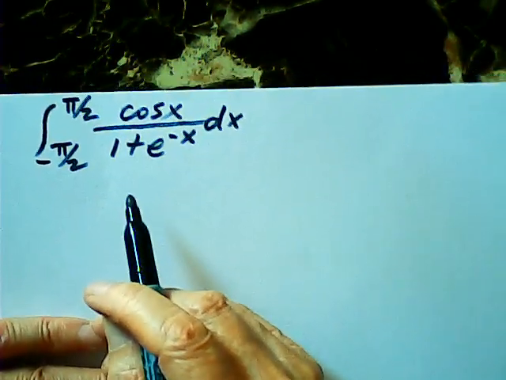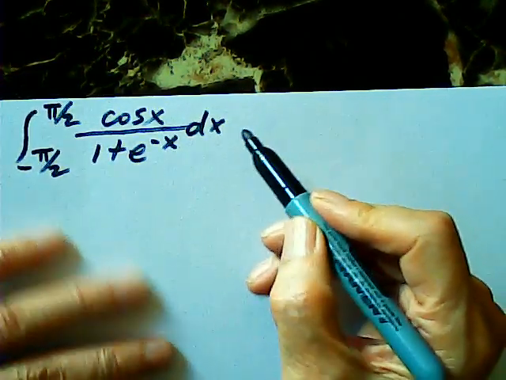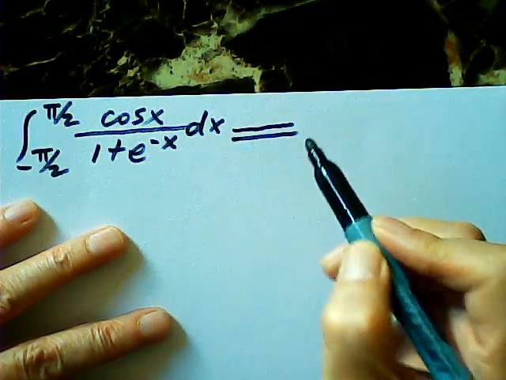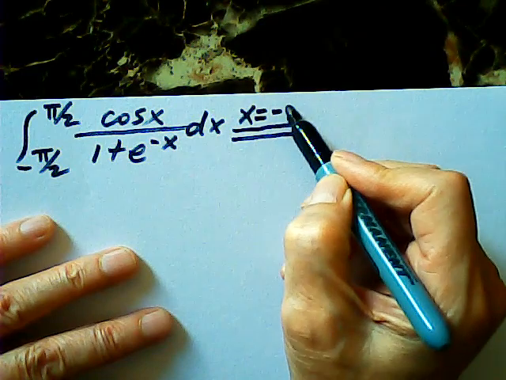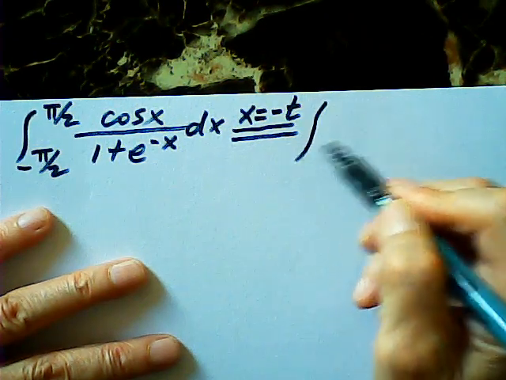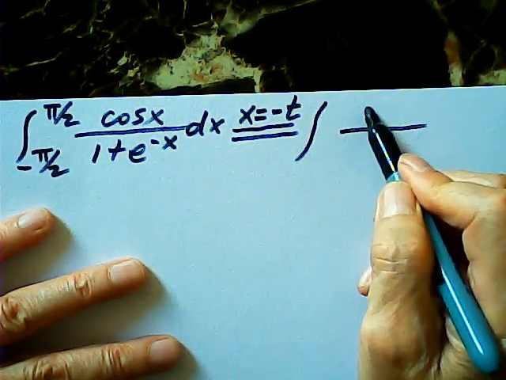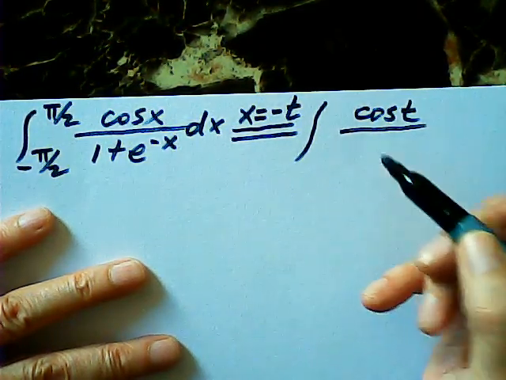Let me do this integral by three methods. Now the first method, I introduced a new variable t. x is equal to negative t. Then this will be equal to cosine t, because negative and positive have the same cosine.